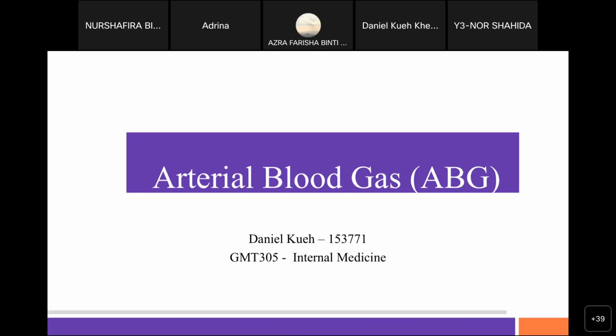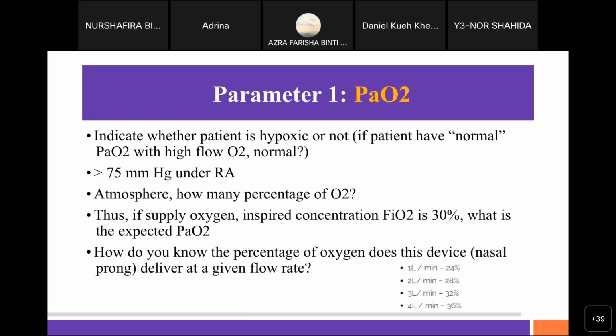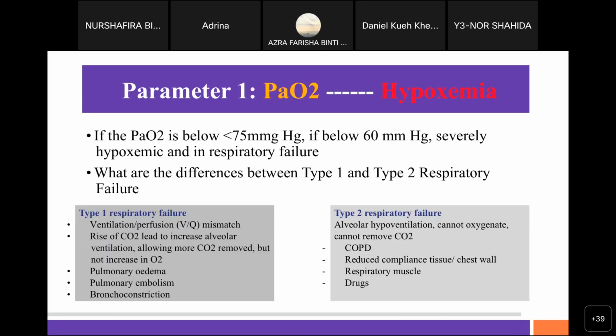And then how do you escalate, let's say, if the patient had type 1 respiratory failure on Venturi mask 40%, what is your next approach?